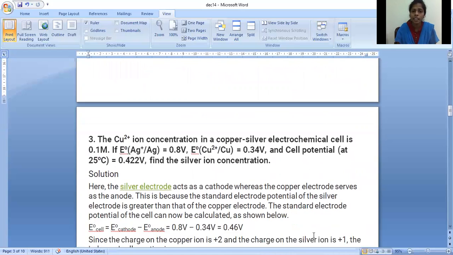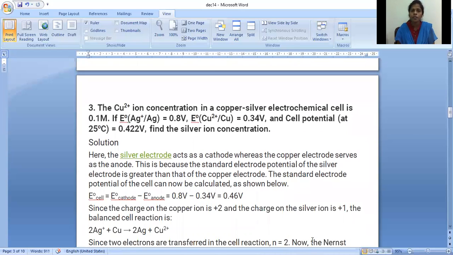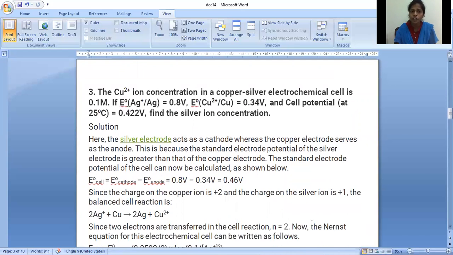So now let us see the last numerical on the Nernst equation. The Cu2+ ion concentration in a copper-silver electrochemical cell is 0.1 M. Here also they have given the cell.